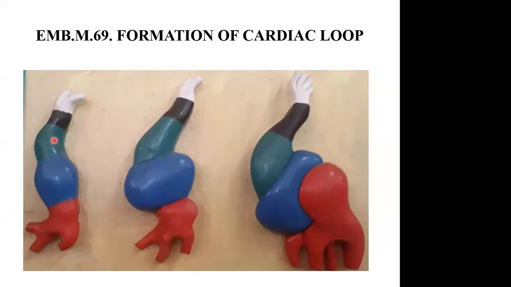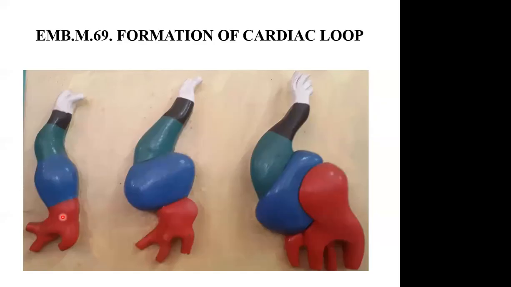Now that the conus is absorbed into the ventricle, the ventricle is divided into right and left halves by the formation of the interventricular septum. The primitive atrial chamber is also divided into right and left. But before that, the sinus venosus is absorbed into the right atrium.